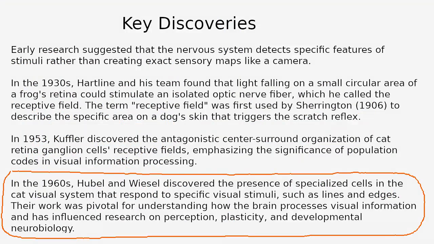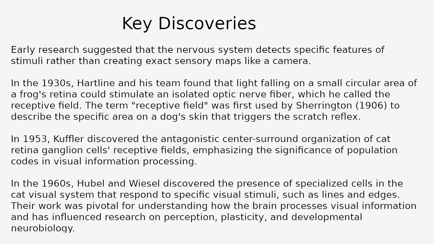In the 1960s, Hubel and Wiesel discovered the presence of specialized cells in the cat visual system that respond to specific visual stimuli, such as lines and edges. Their work was pivotal for understanding how the brain processes visual information and has influenced research on perception, plasticity, and developmental neurobiology.